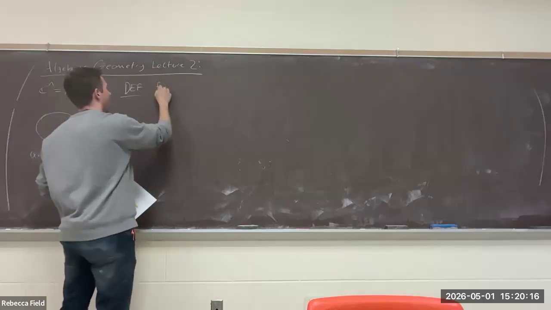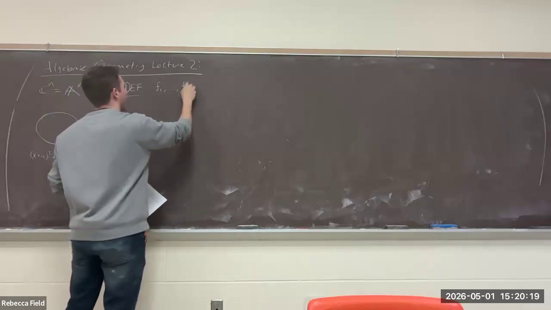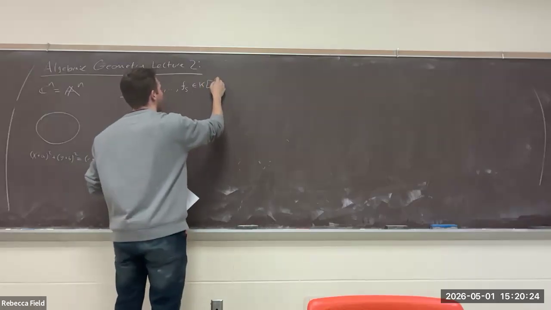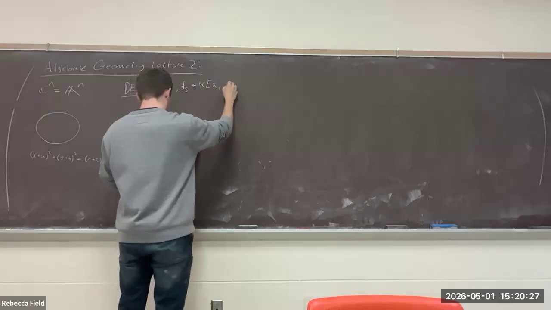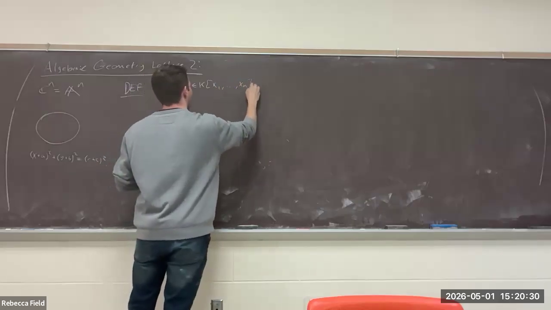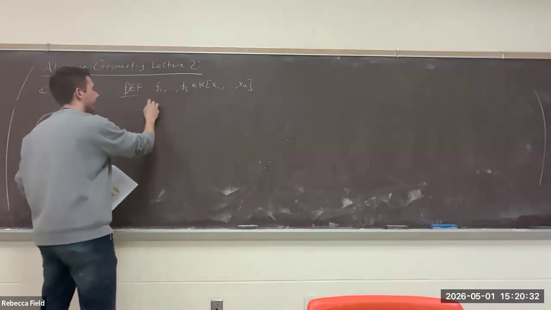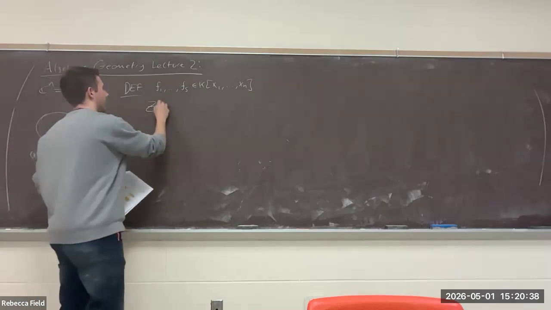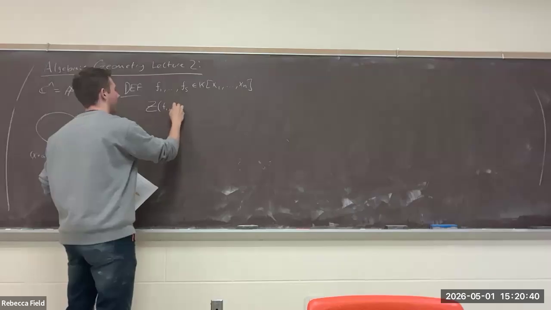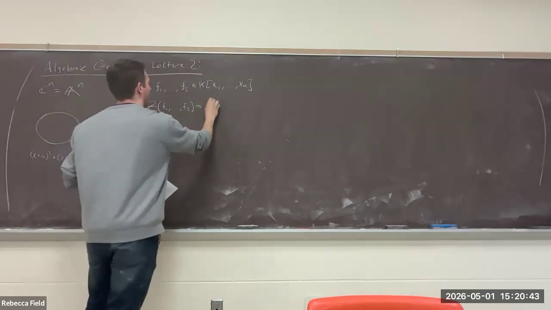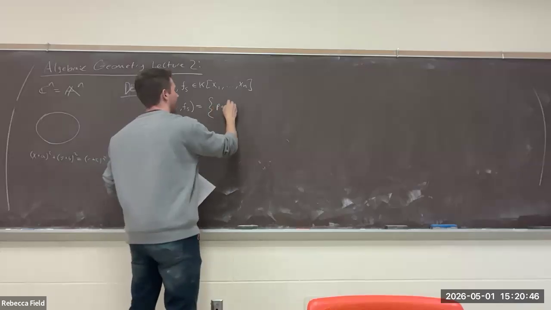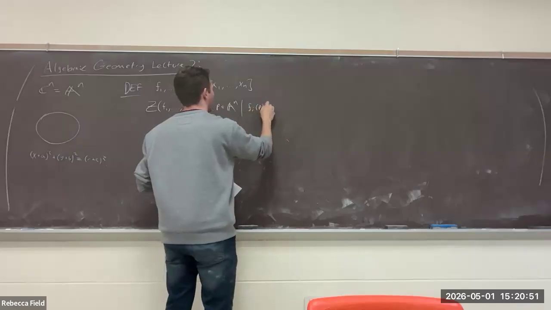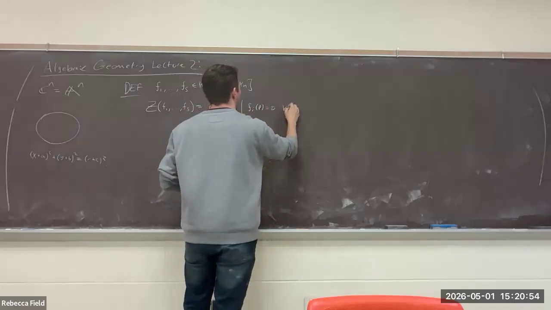Given f1 through fs in some algebraically closed field K over x1 to xn, we'll define the zero locus, the zero set, or the affine variety, all equivalent words, of f1 through fs to be the set of points p in affine n space such that fi of p is equal to 0 for all i.